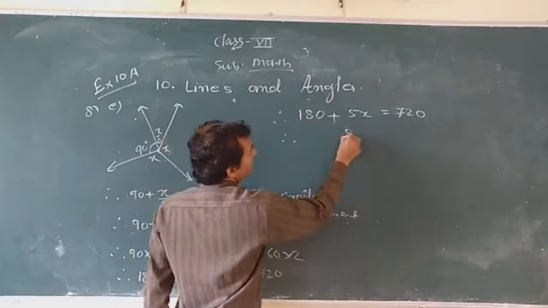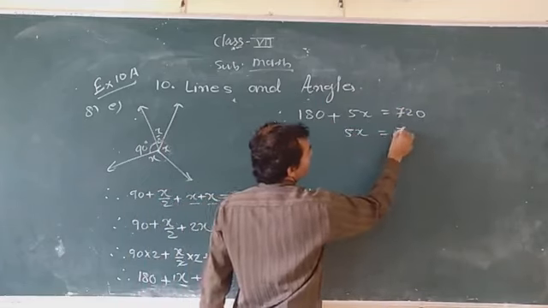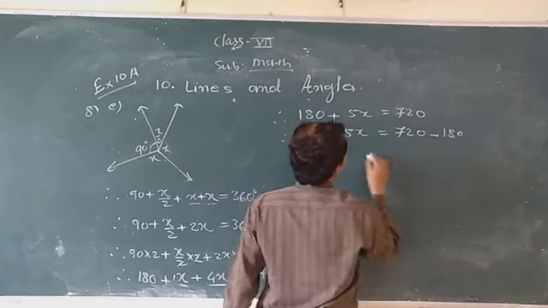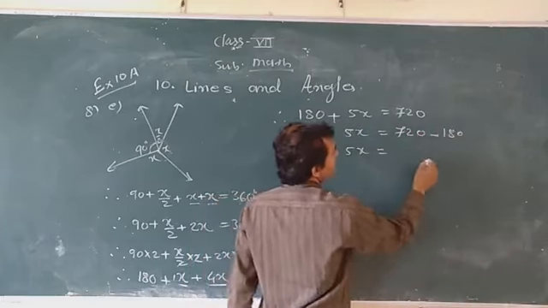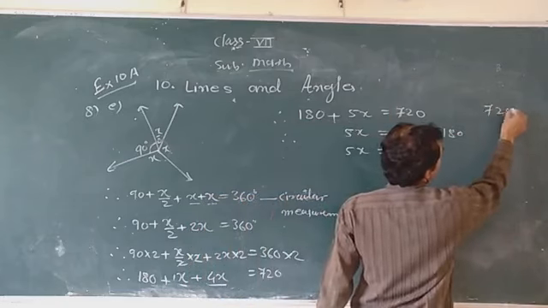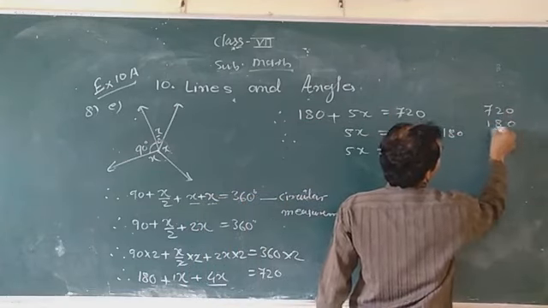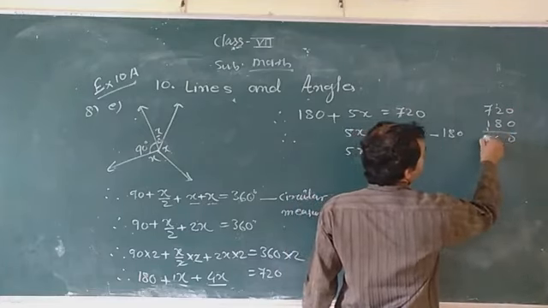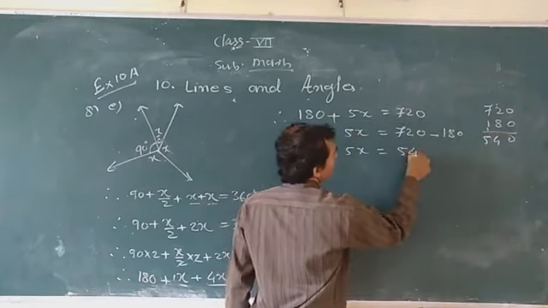So therefore 5x is equal to 720 minus 180. So 5x is equal to 720 minus 180, here 540 degrees.